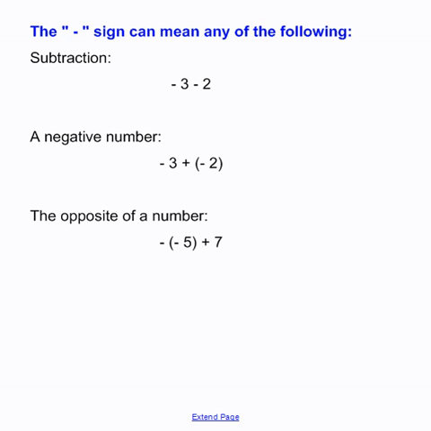In the first one, this one means subtraction, and that one means a negative number. Down here, they both mean negative numbers. On the bottom one, this one means the opposite, and then this one means a negative number.